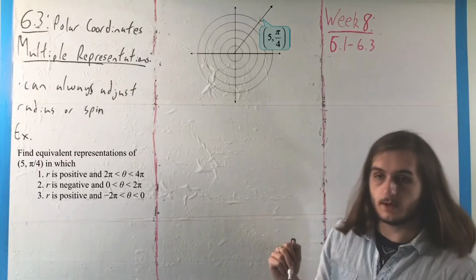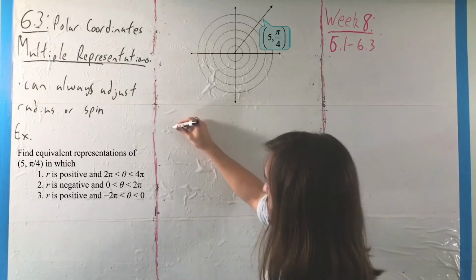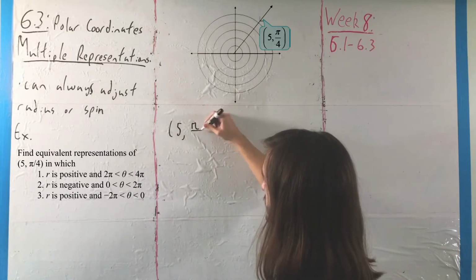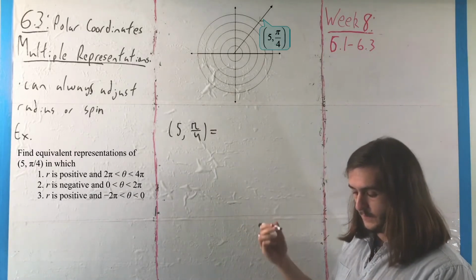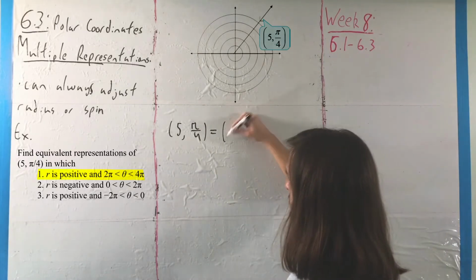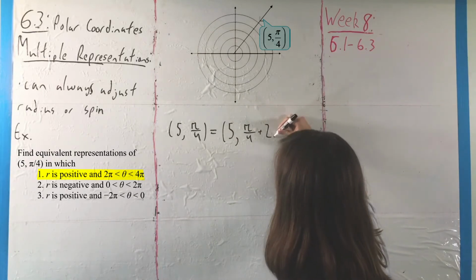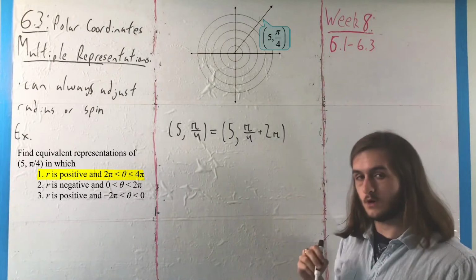So with this point that we have plotted in that location, the point 5, pi over 4, we can adjust it in that first case by keeping our radius exactly the same and changing our angle by taking another full revolution all the way back around.